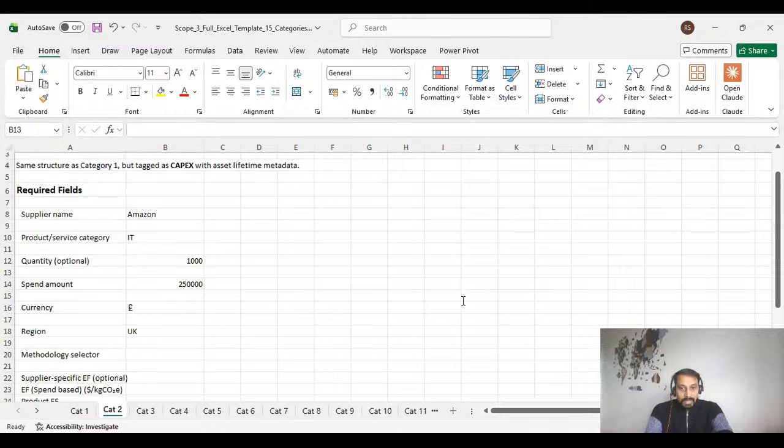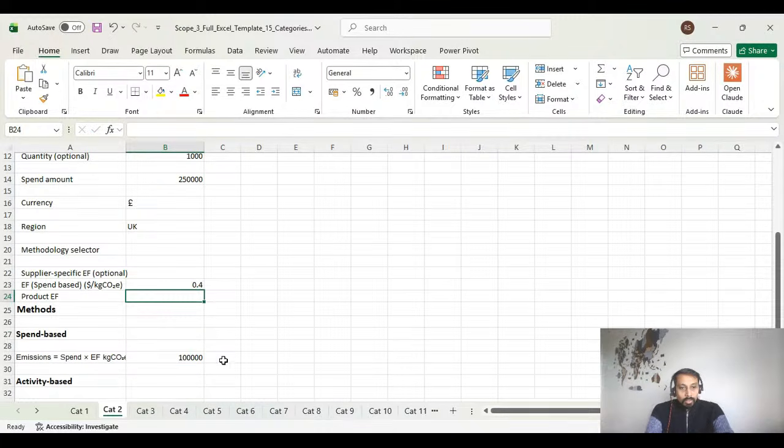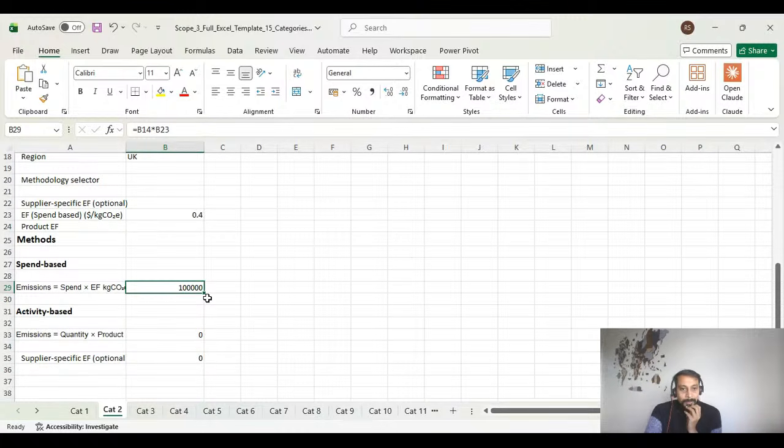So the methodology is very much similar, but here your emissions factor is based on your capex utilization. For example, here I'm using kilogram CO2 equivalent per pound. So the spend based emissions factor will be 0.40 as per DEFRA, so that my overall emission for category 2, spend based, will be 100k kilograms.